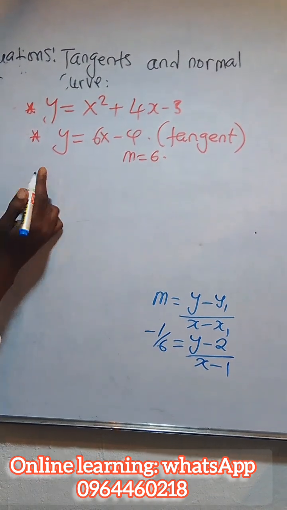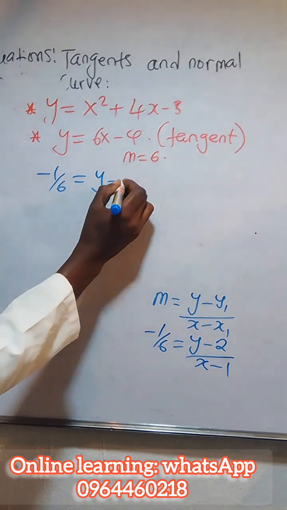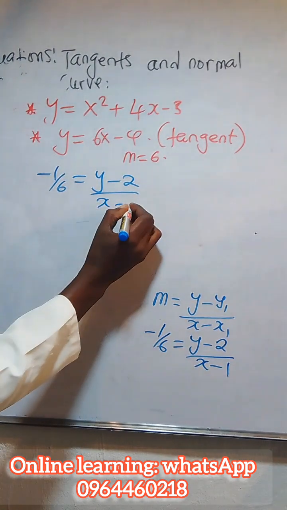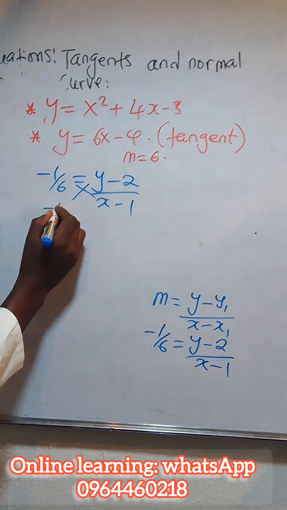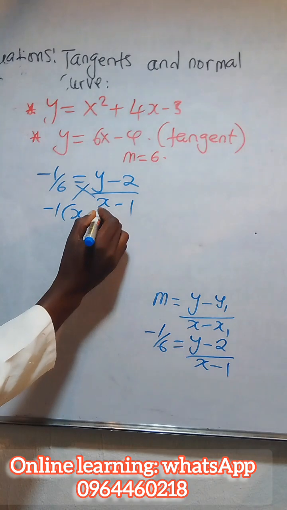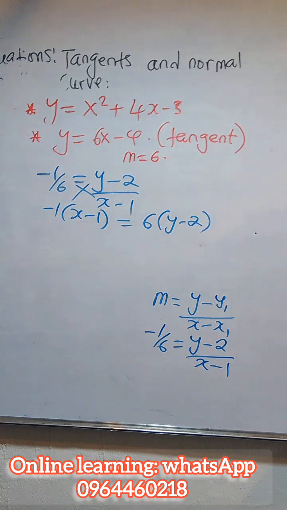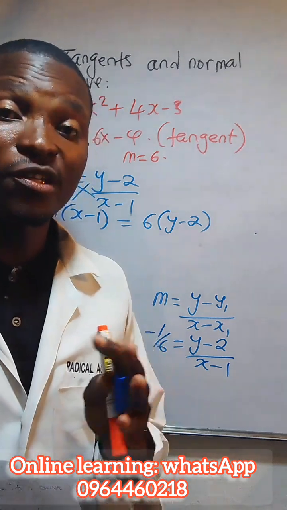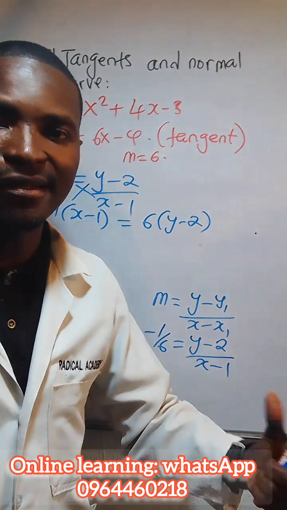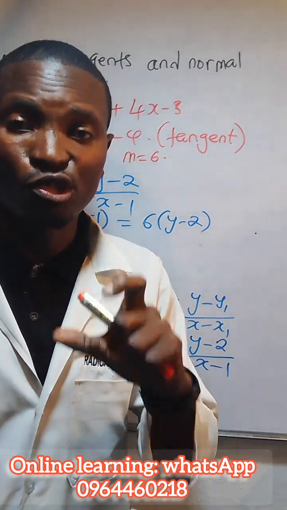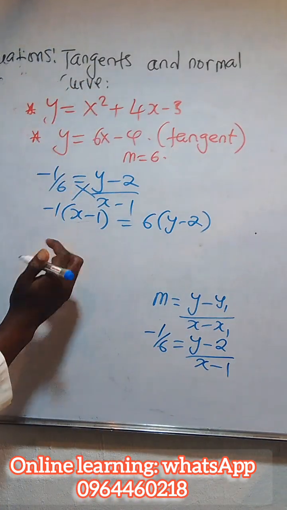So now, negative 1 over 6, you can cross multiply. Make sure that when you cross multiply, you show what is multiplying each of the brackets, so that you can see where you are going. So this times this.